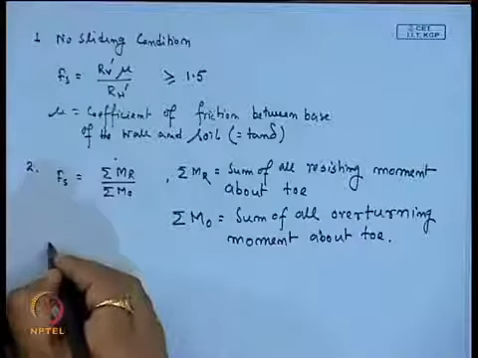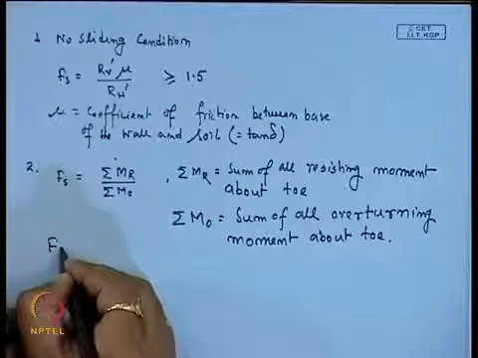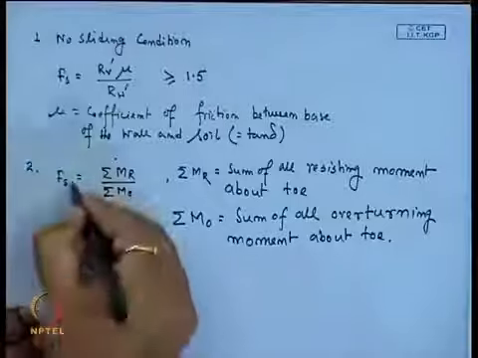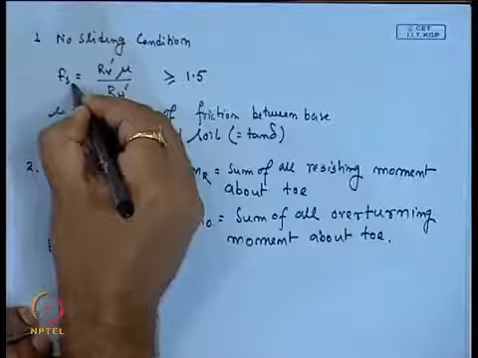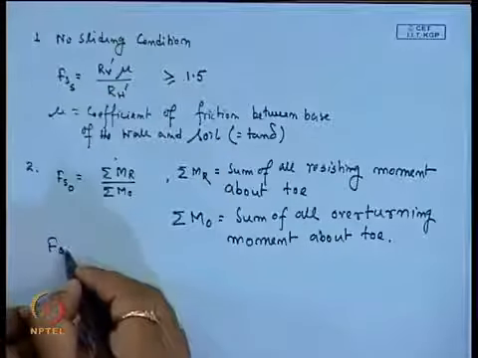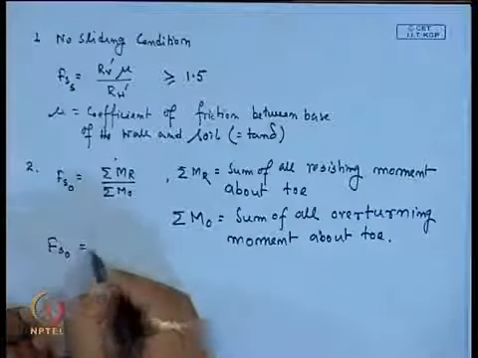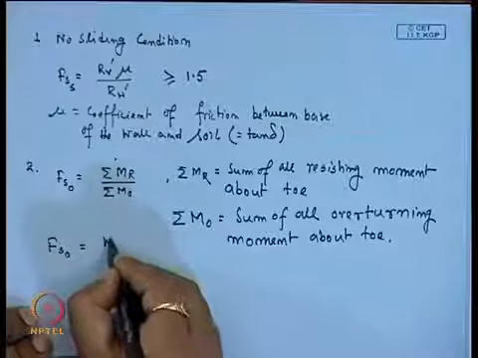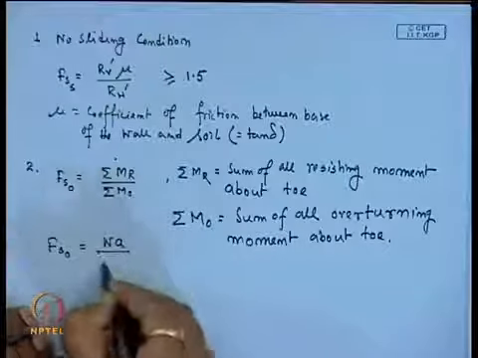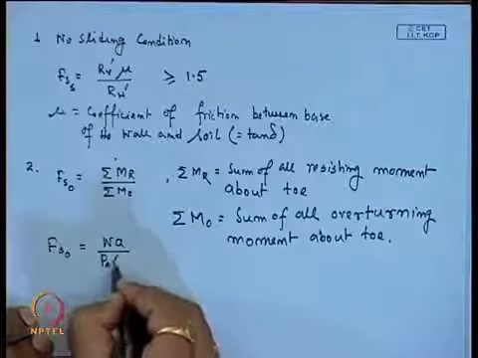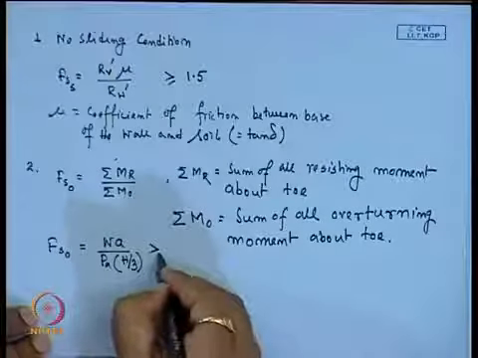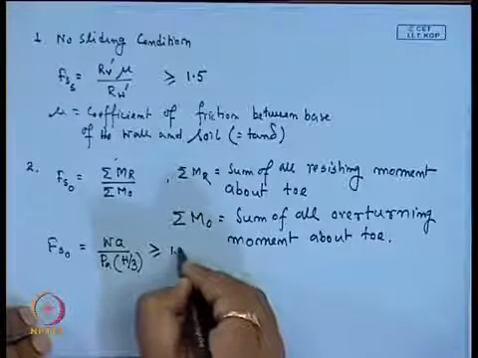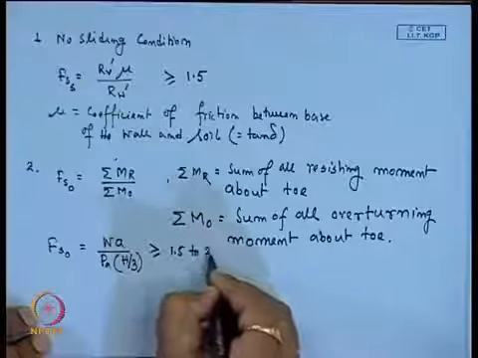So, for this previous case, the factor of safety for overturning F_o will be W a divided by P_a into h by 3, and that should also be greater than 1.5.